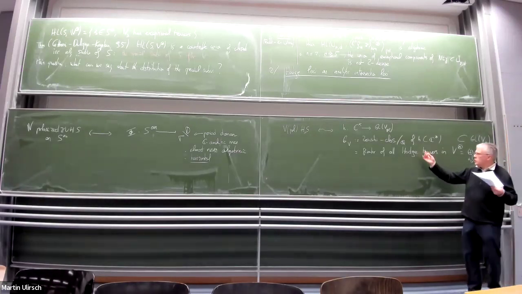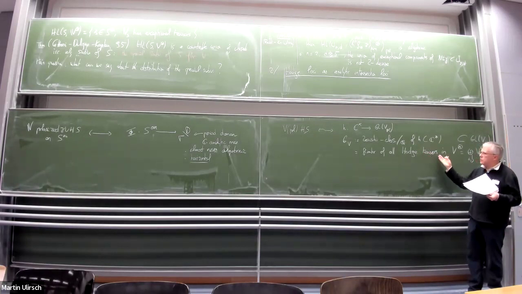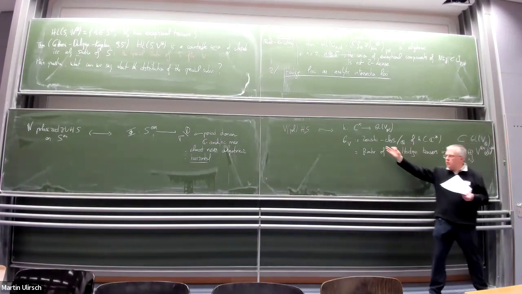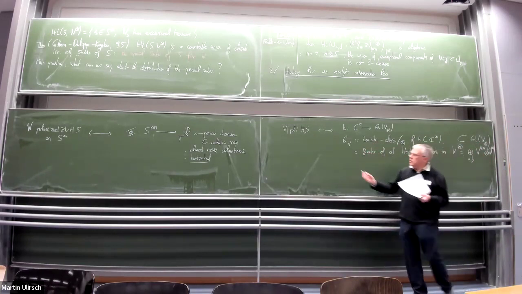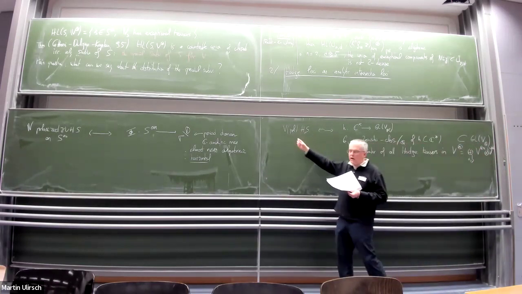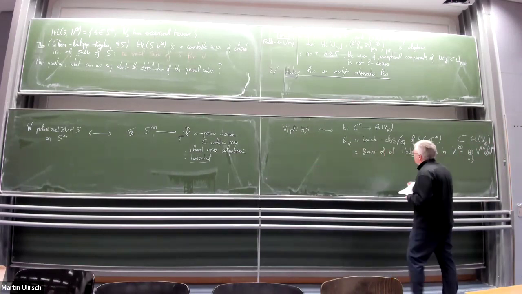So the more Hodge classes or Hodge tensors you have for your Hodge structure, the smaller it will become. Now, the basic fact is that because I'm assuming it is polarized, this group is actually reductive.